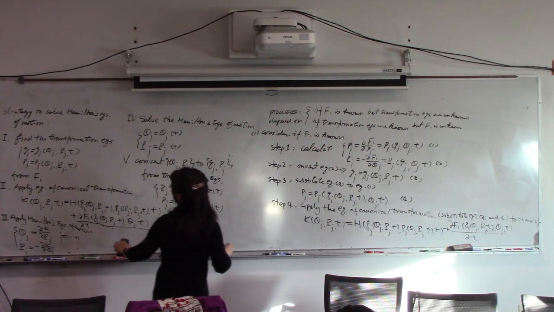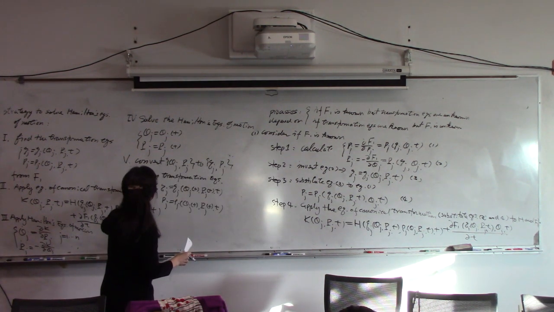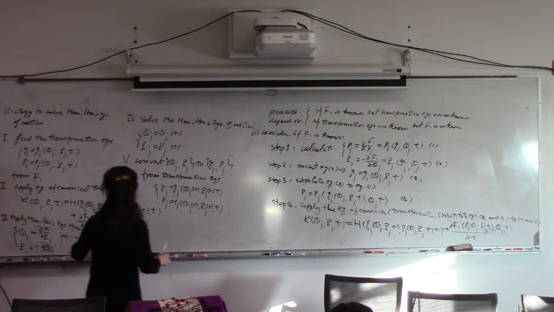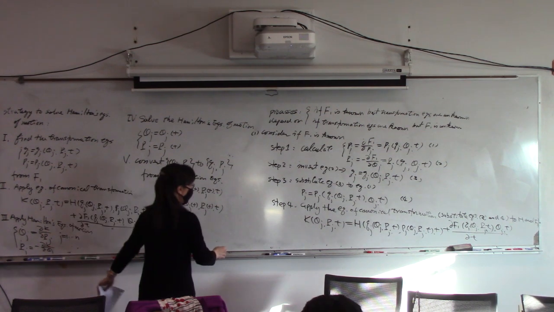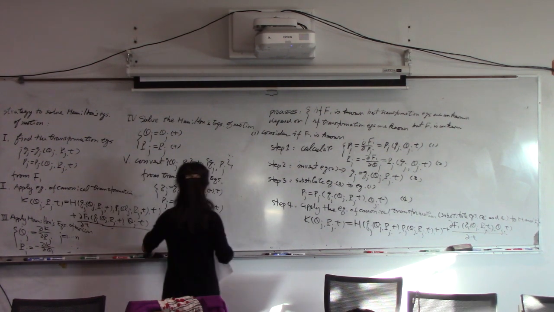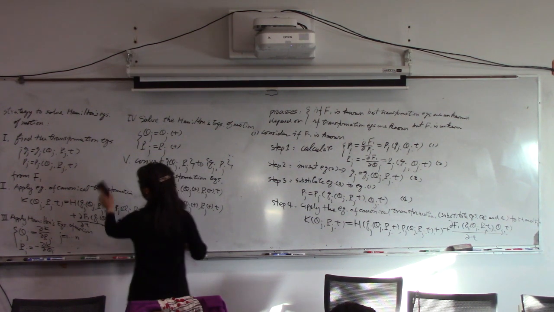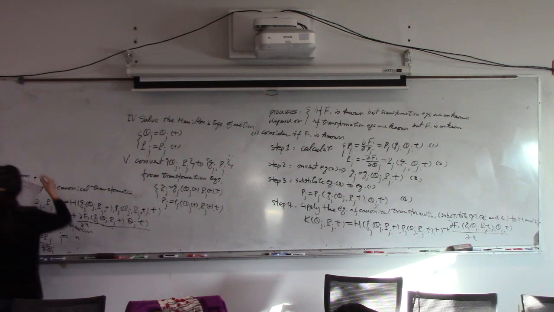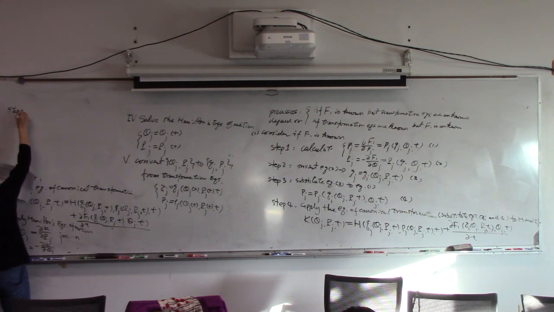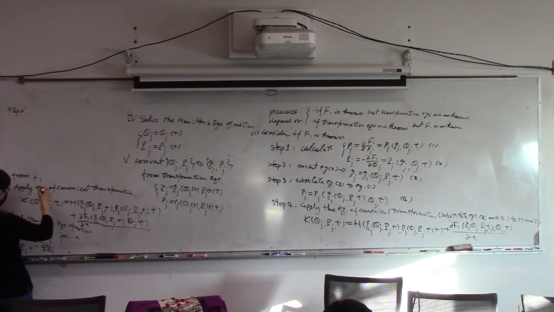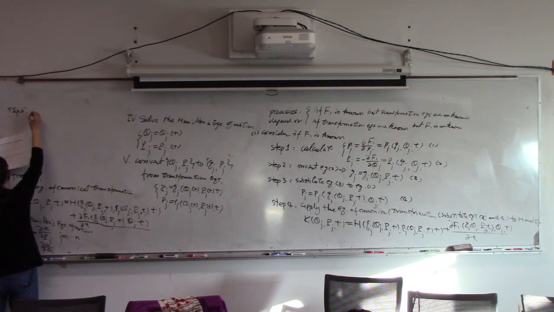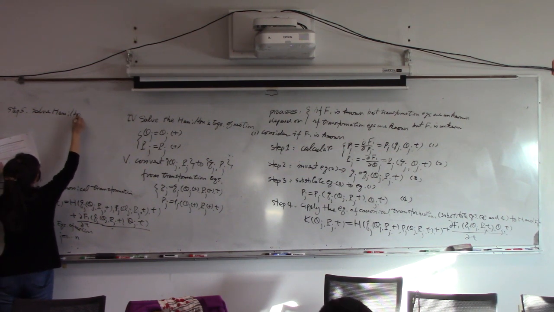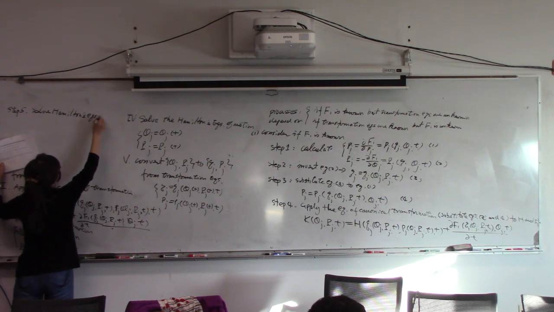Then once we have a new Hamiltonian, actually just this one, so step 4 or 5. Step 5 is this one. Just say solve the relations of motion.